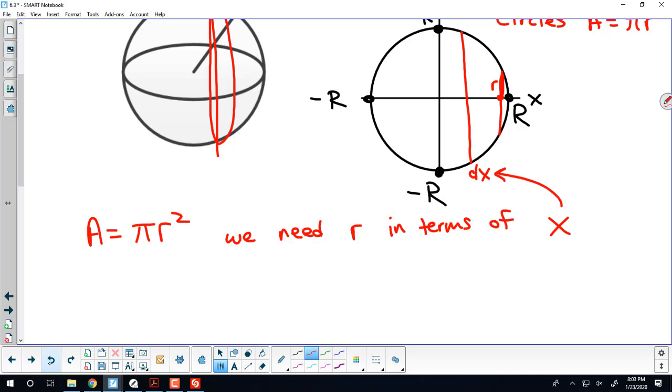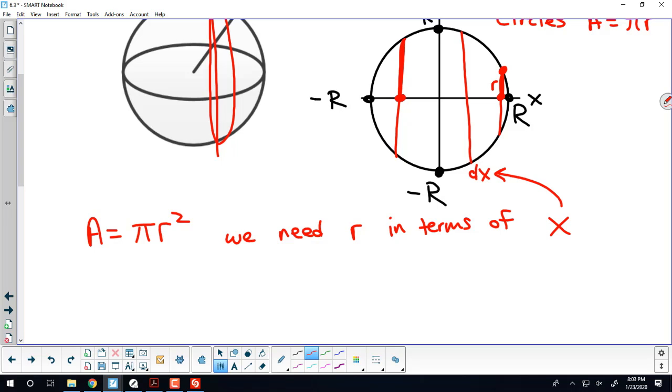So just keep in mind once again that r is simply the distance from here to here, for any one of those circles that we slice. If it's this circle, the radius of that circle is just this distance from here to here. So how do we measure that distance from there to there? Using the two endpoints.